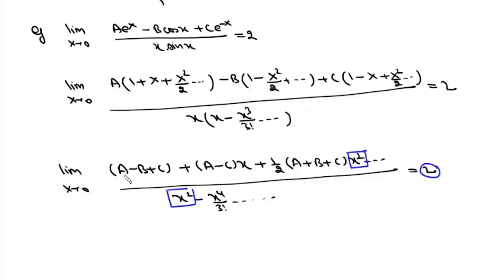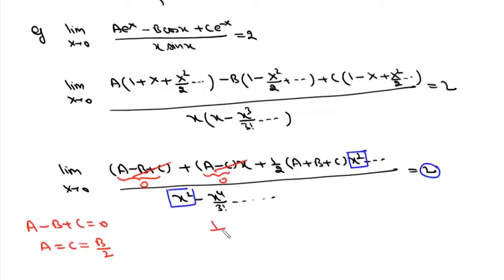So it simply means that this is 0 and this is also 0. So from here we get two conditions: a minus b plus c equals 0 and a equals c. And basically it is equal to this b by 2. Now when these two expressions are 0, answer to this limit is coefficient of x square in the numerator upon coefficient of x square in the denominator.